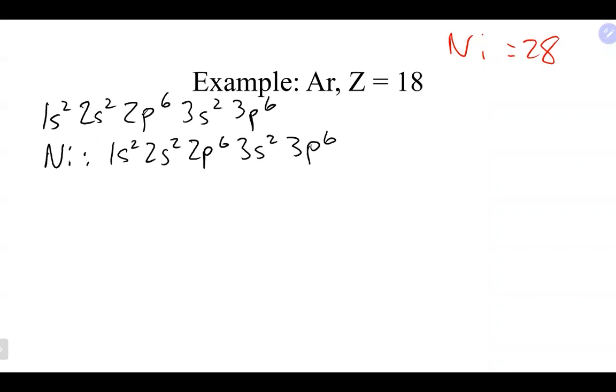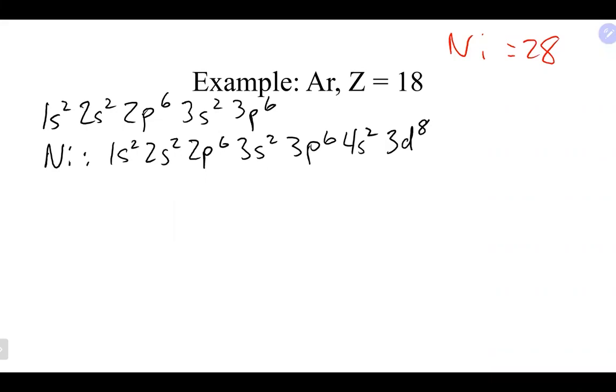Up next, it is the 4s that comes first, so it will be 4s2. And then we zigzag back to our 3d subshell, and we will end up with 3d8 in this case. We add up the top numbers there. Should equal 28, I hope. Yeah. Any question on that configuration?